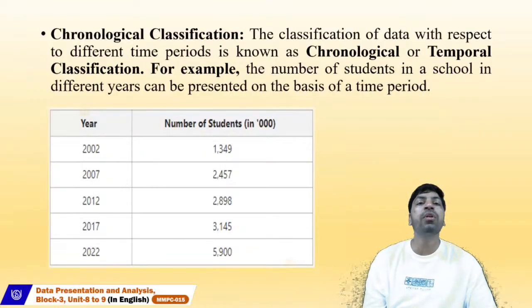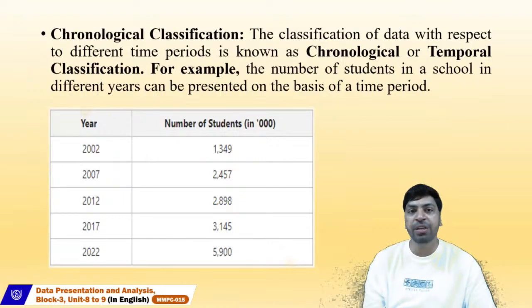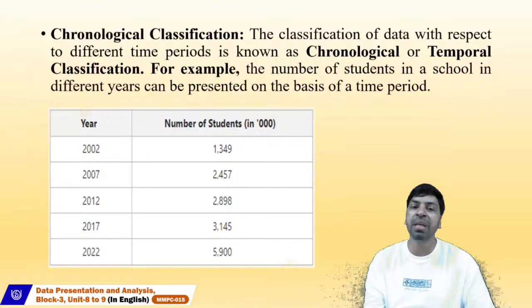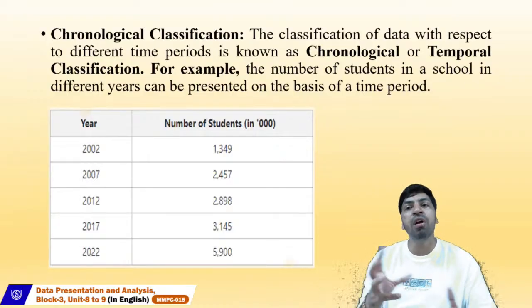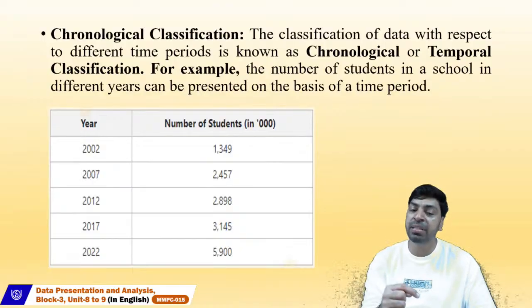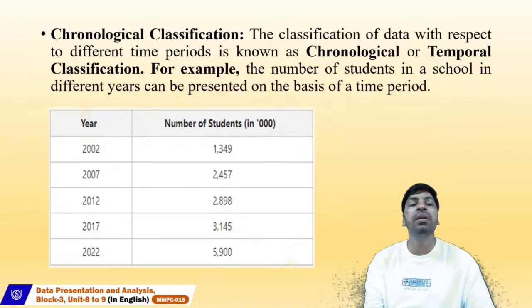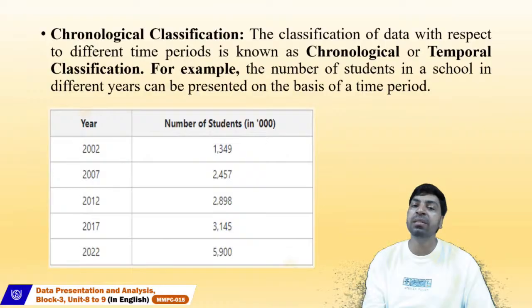Next one is the chronological classification. This type of classification is based on different time periods. It could be years, months, or a quarterly basis, and that's why when the classification of data is done based on different time periods, it's called chronological or temporal classification. Let's take an example to understand this concept.